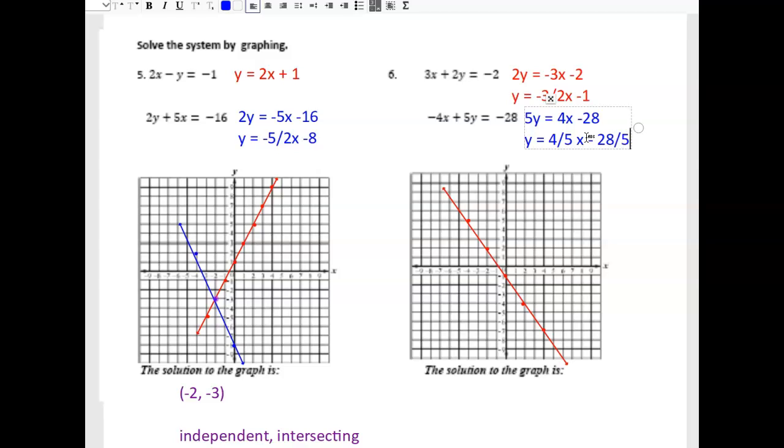And what we notice in this case, and it's going to be kind of icky either way, is that my y-intercept is a fraction. So what you can do is my x-intercept is not going to be such an icky fraction. So if we zero out y, we have negative 4x plus 5 times 0, which is 0, equals negative 28. So we get x equals 7.